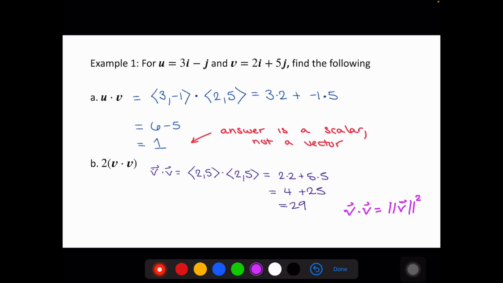So we could conclude that in this particular case, if v dot v is 29, then the magnitude of v has to be square root of 29. Now, this problem wants us to find 2 times v dot v. So 2 times 29 is 58, and that's my final answer.